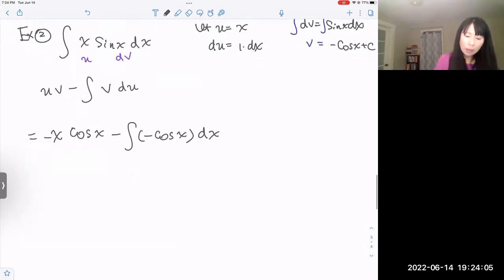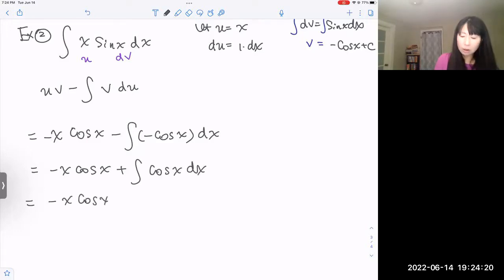All right. Now let us simplify the sign, which is cosine x dx. Now we can integrate. So antiderivative of cosine x, what do you get?